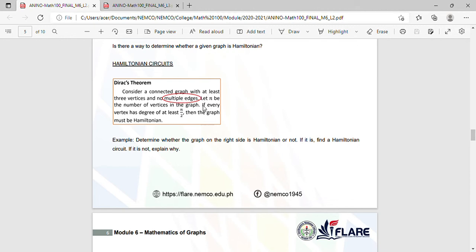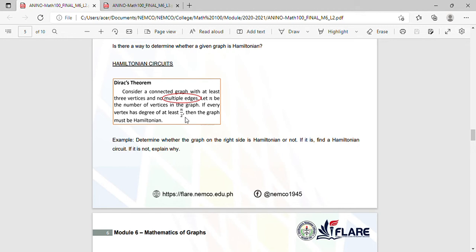Let n be the number of vertices in the graph. Again, n is the number of vertices in the graph.